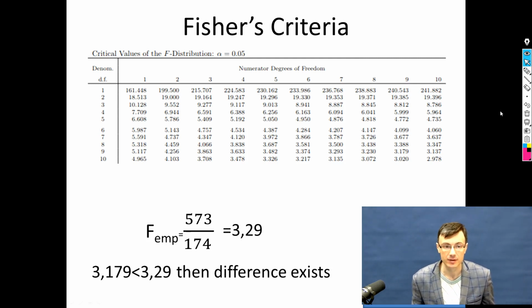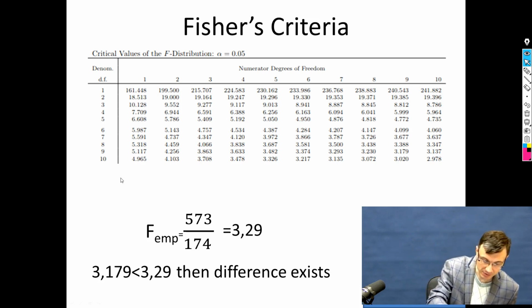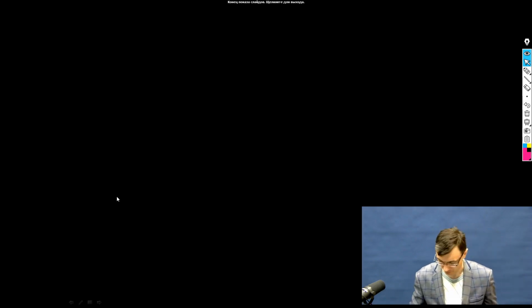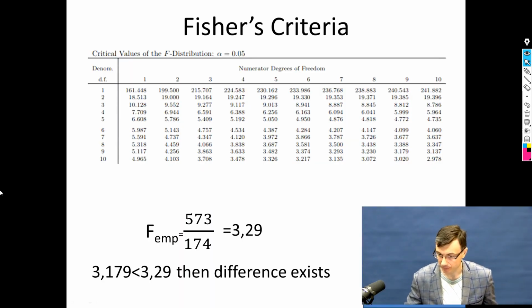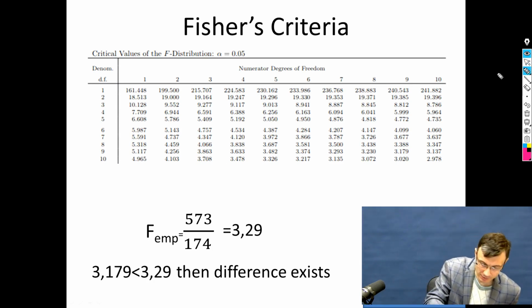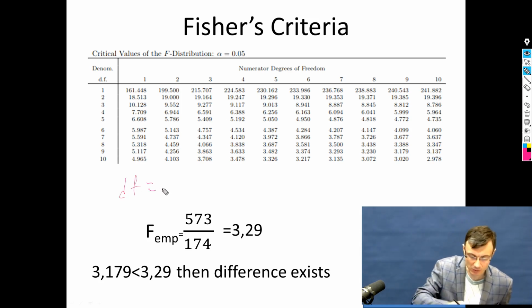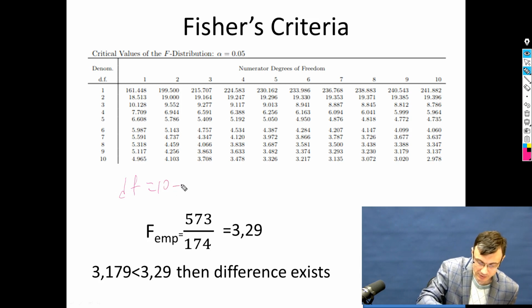We have two groups of 10, and the degrees of freedom from one group will be the size of the sample minus 1, and from the other it will be the same.